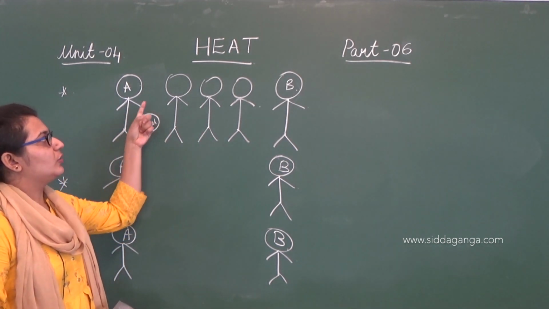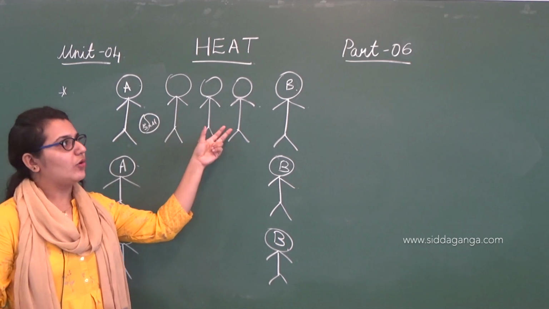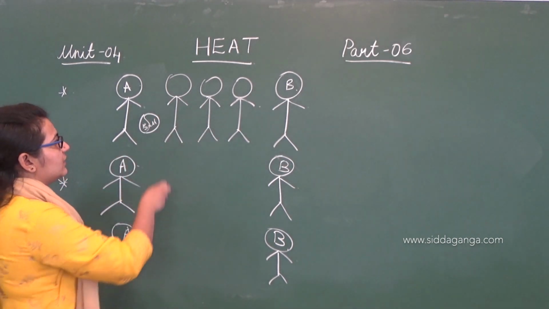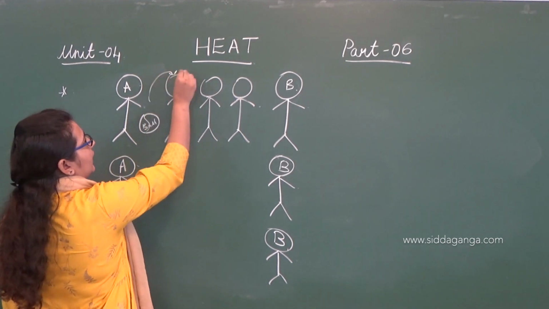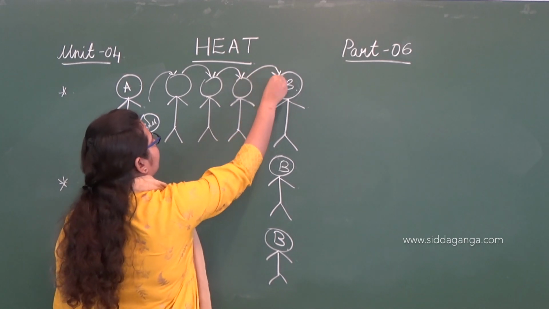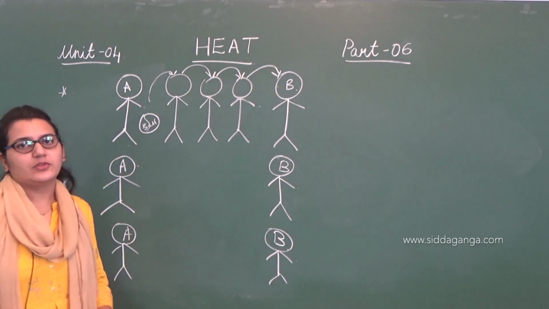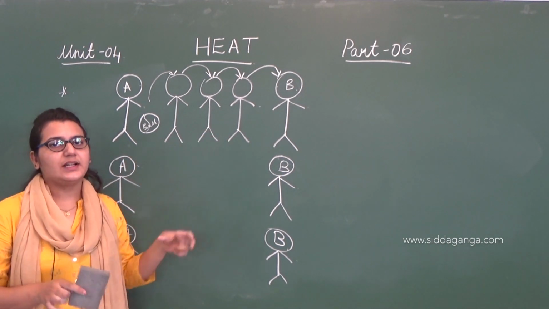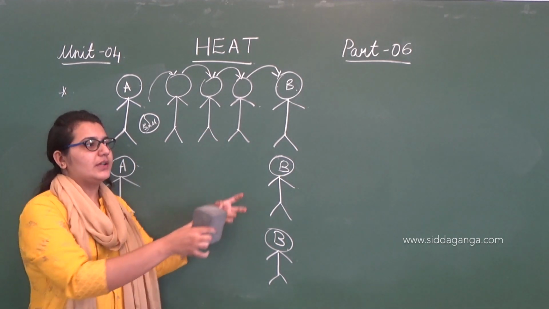He gives the ball to one, they transfer the ball along, and finally they give it to the second guy. These boys don't move from place to place, they just stand and pass the ball.